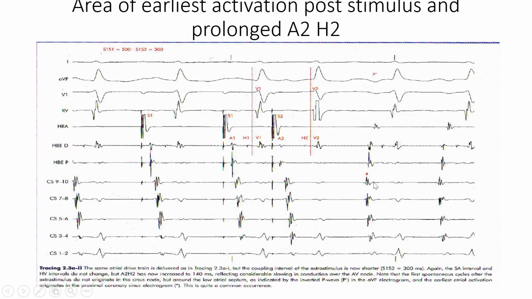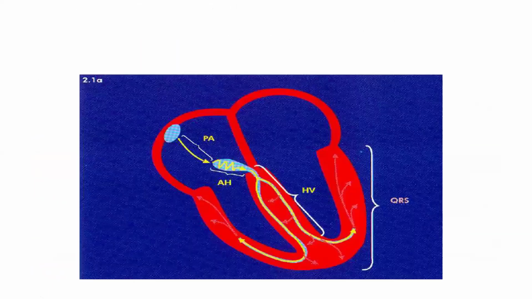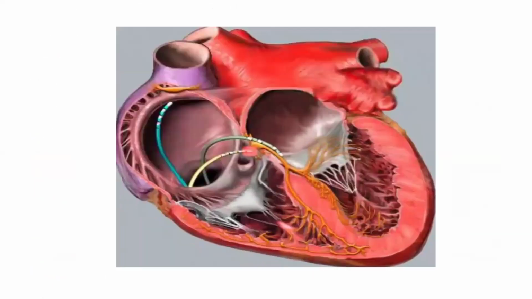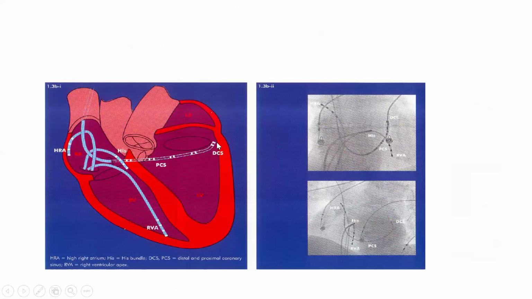Fantastic. So if it's earlier than HRA, where does C9-10 represent? C9-10 should be around the free wall of the left ventricle, sir? No. I think you didn't get how we number the catheter. The most distal end of the catheter is 1, 2, 3, 4, 5, 6, 7, 8, 9, 10.